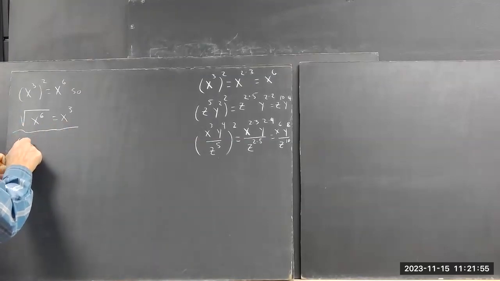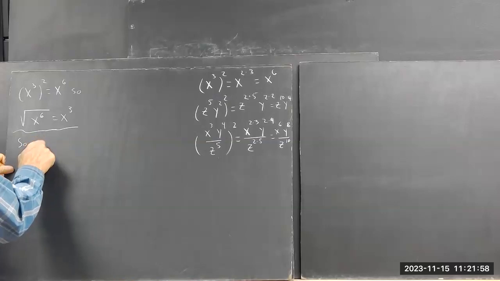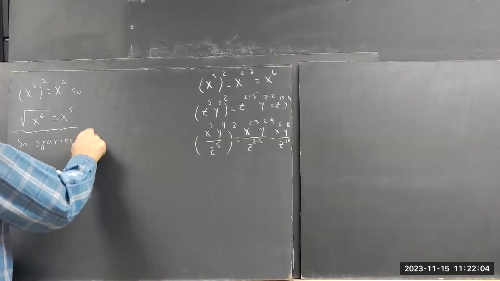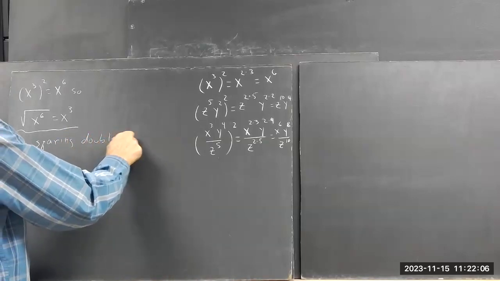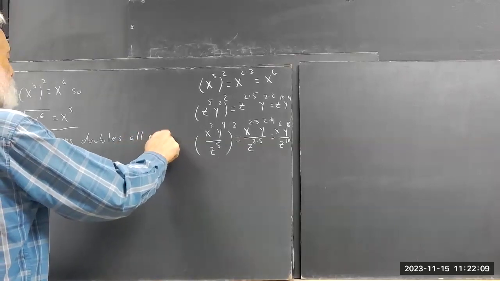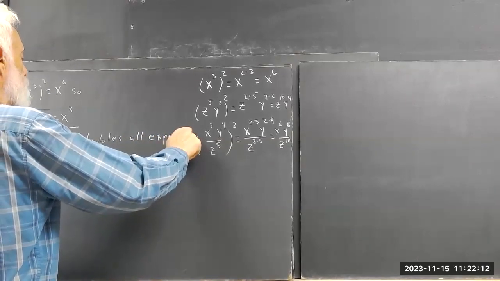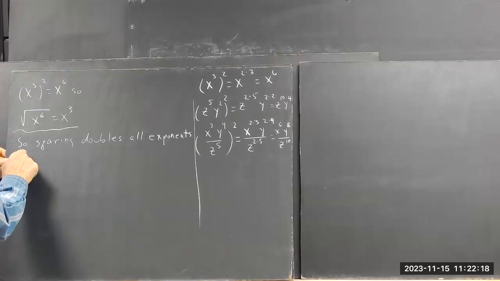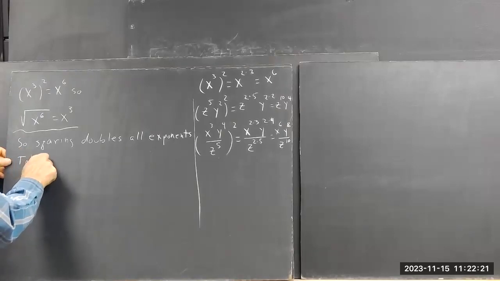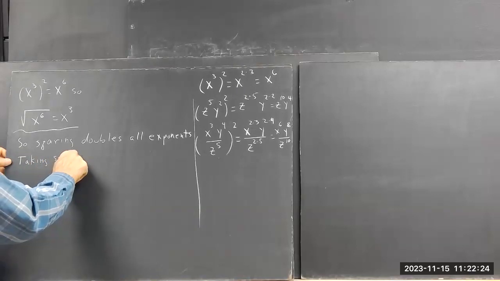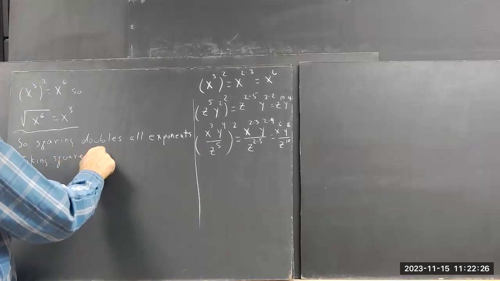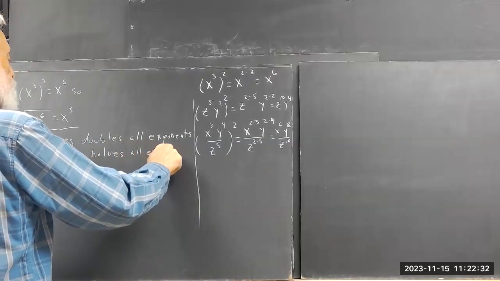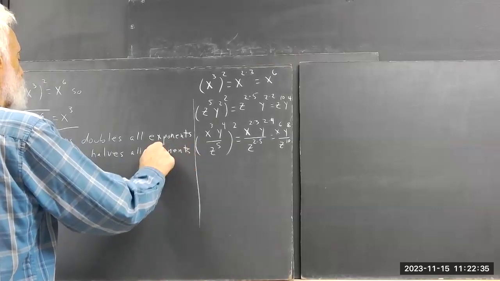So squaring doubles all exponents. Taking the square root halves all exponents.